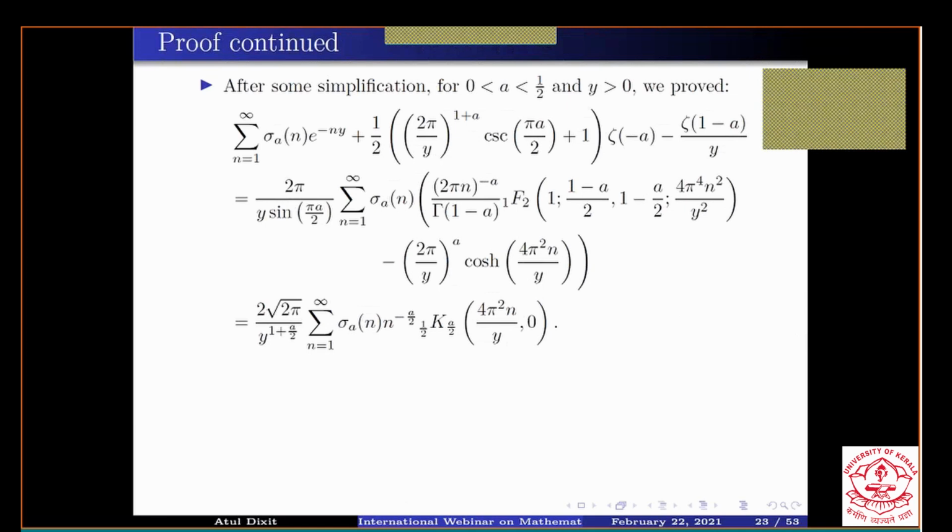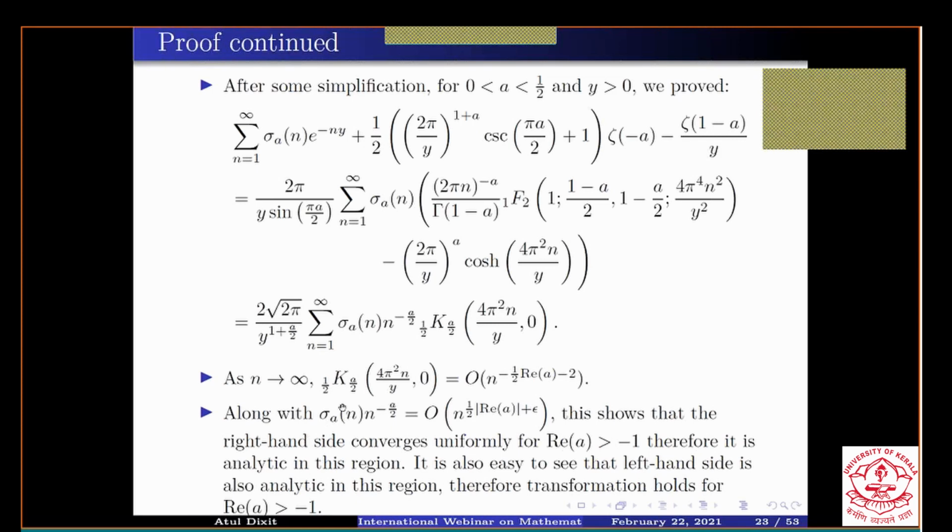But now we have obtained it for real a between 0 and 1 half only. Now let us keep y greater than 0, but now let us try to extend this analytically as a function of complex variable a to a maximum possible region. And for that, I need to know the behavior of this function as n tends to infinity. That actually turns out to be big O of this.